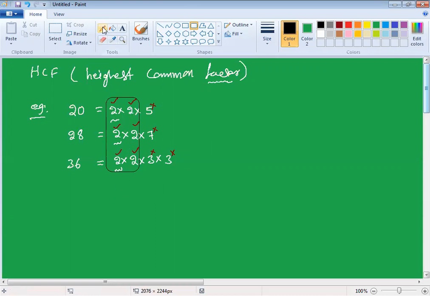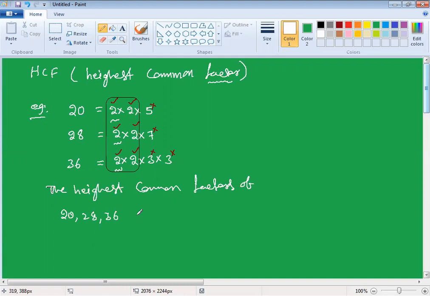Totally we have only 2 common factors. So therefore, the highest common factor of 20, 28, 36 is equal to 2 into 2, 4. 4 is the highest common factor.